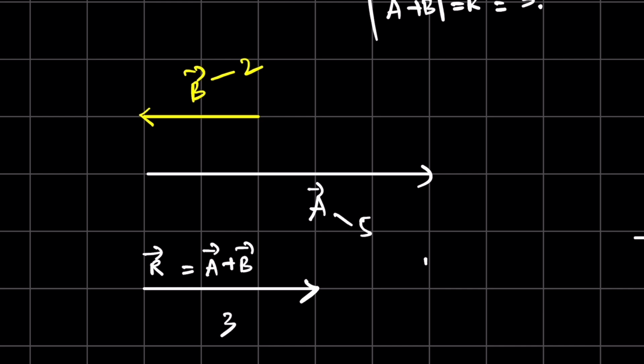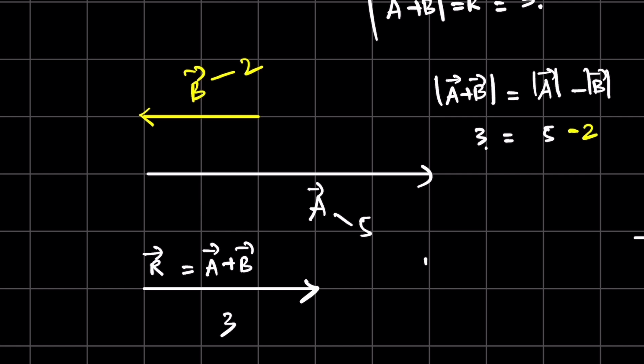Can I say that the magnitude of the resultant of A plus B is 3, while the magnitude of A is 5 and of B is 2?